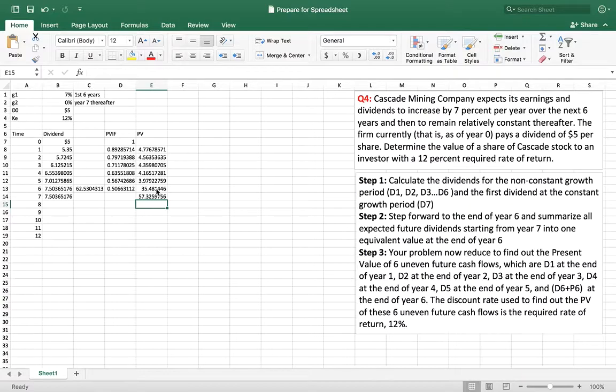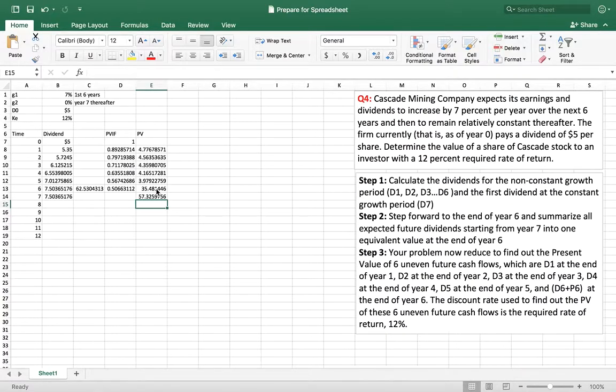Actually, I can bypass the calculations of the present value interest factor and the present values by calling for the net present value function to obtain the share price. It is shown in cell E15.